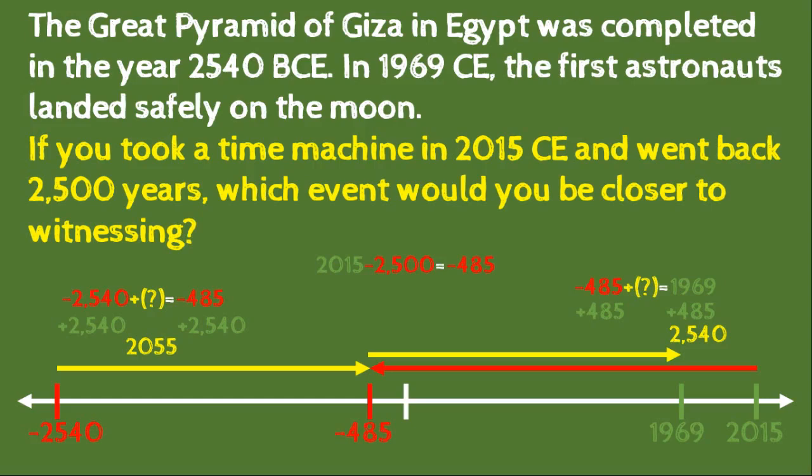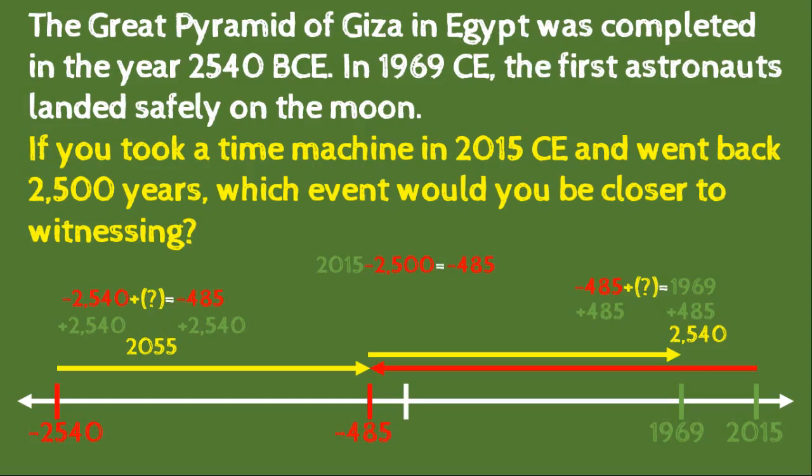To eliminate the number to the left, we just add that number. Negative 2,540 plus 2,540 equals 0, and negative 485 plus 2,540 is simply 2,055 as our mystery number.